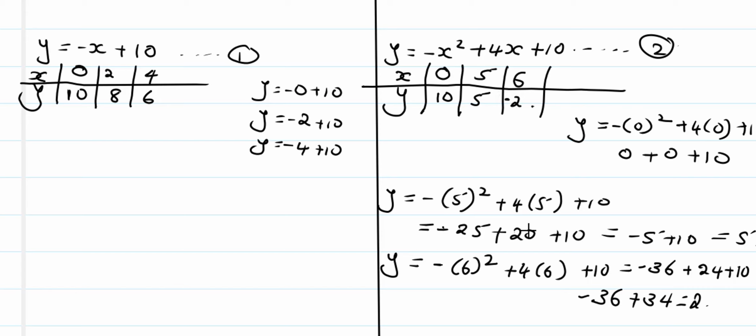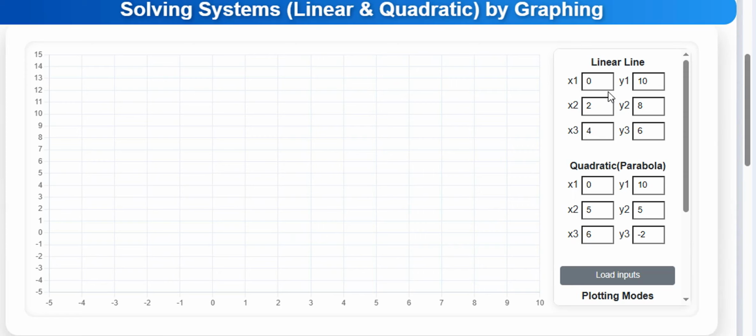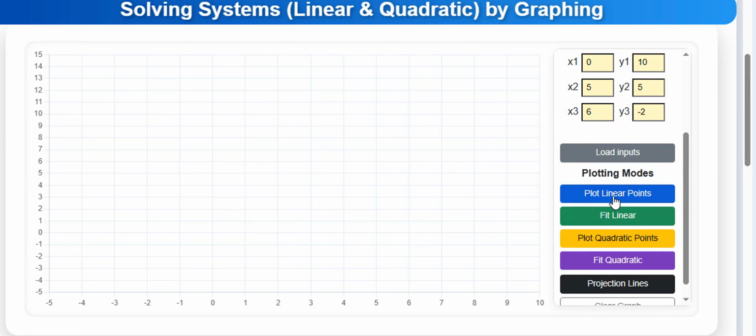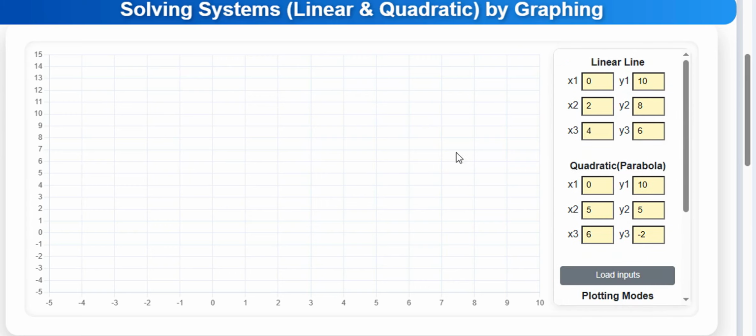Can we plot these points in the Cartesian plane? These are all the points for the straight line, and these are the ones for the quadratic. Let's plot these points in the graph. We can start with the linear one. We have (0, 10), with 0 on the x-axis and 10 on the y-axis, somewhere here.